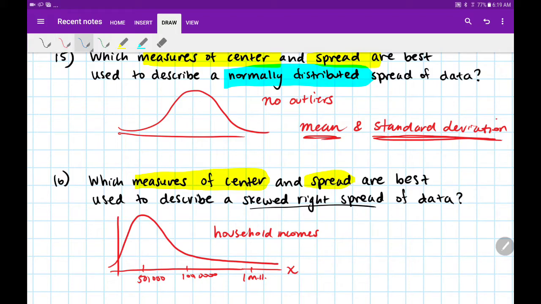You'll see that the majority of households make in the lower end of the economic spectrum, and just very few households, very few, are making in the millions. So that means this is skewed right because we have some outliers.